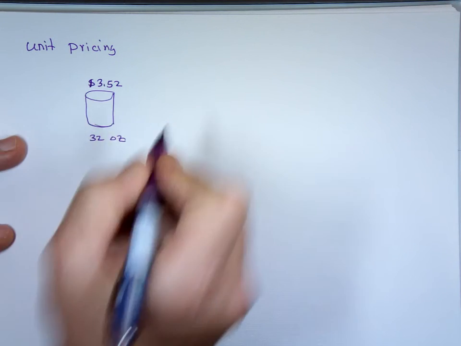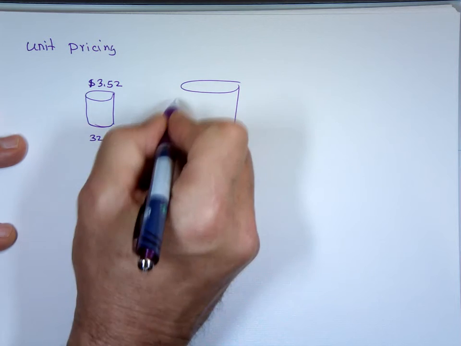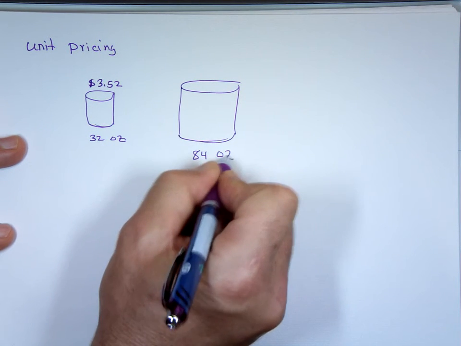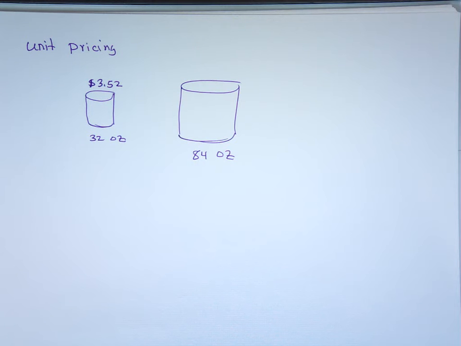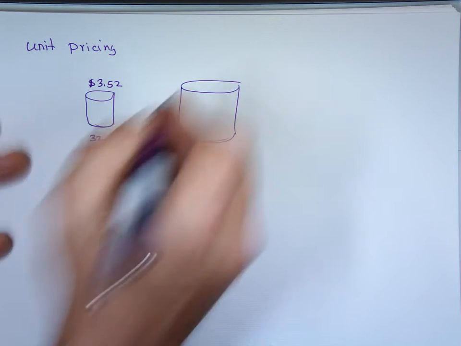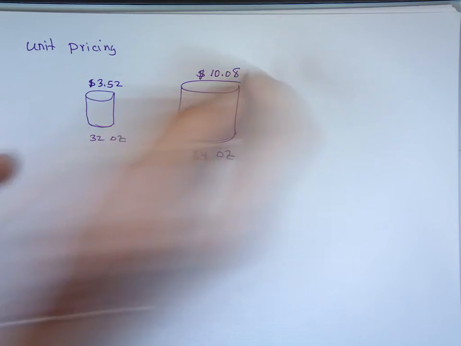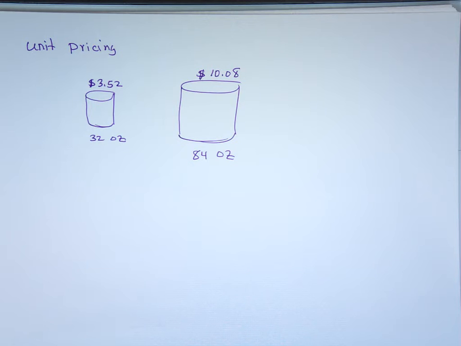And I have a bigger one here, that's 84 ounces. And the price on that is $10.08. It's the same peanut butter. You're going to use them both regardless. Which one is a better buy for you?